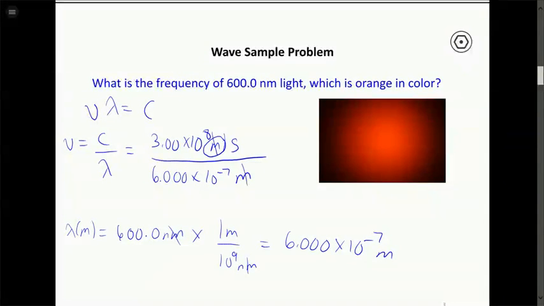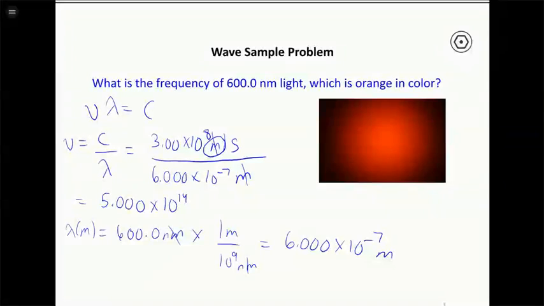Okay, 6.000 times 10 to the minus 7 meters, and now the meters cancel out. The units that we don't want cancel out, and we do the division, and we get 5.000 times 10 to the 14th. Now the unit, as we talked about for frequency, is either inverse seconds, seconds to the minus 1, or often referred to as hertz.